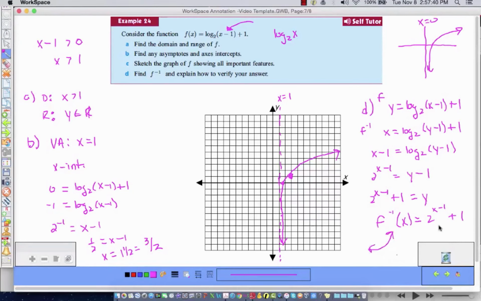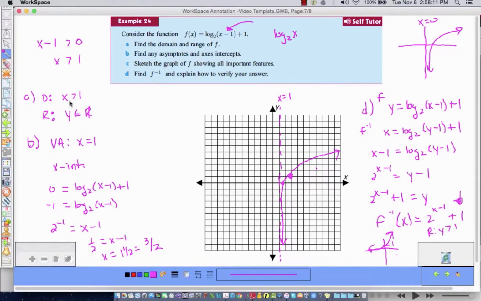And since it's an exponential function, remember, right here is the basic shape, and usually an exponential function all by itself intersects the y-axis at 1 and has a horizontal asymptote of 0, so it's y greater than 0. But this vertical shift moves it up, which makes the range y greater than 1.